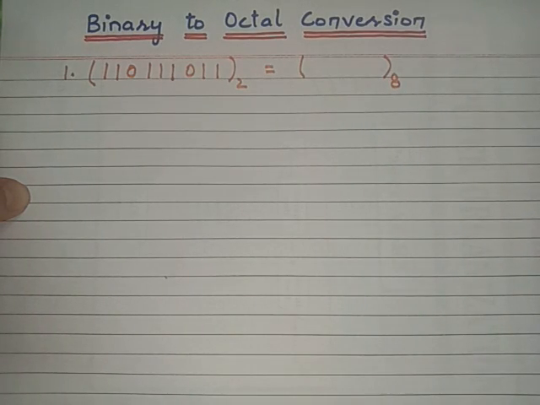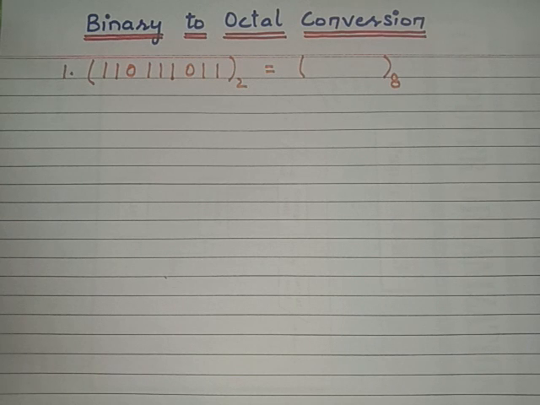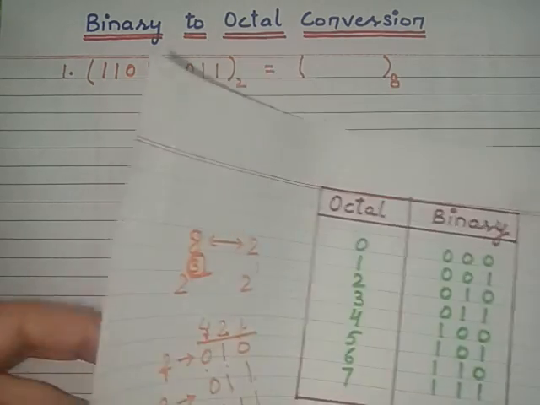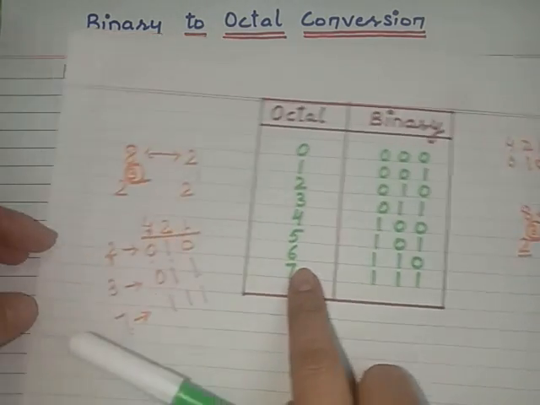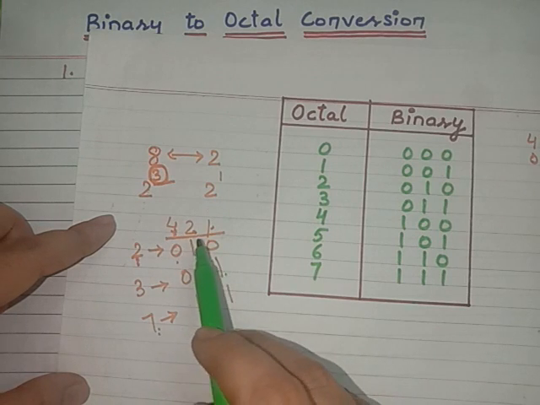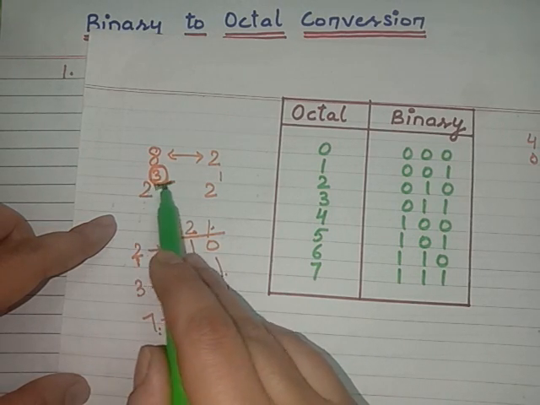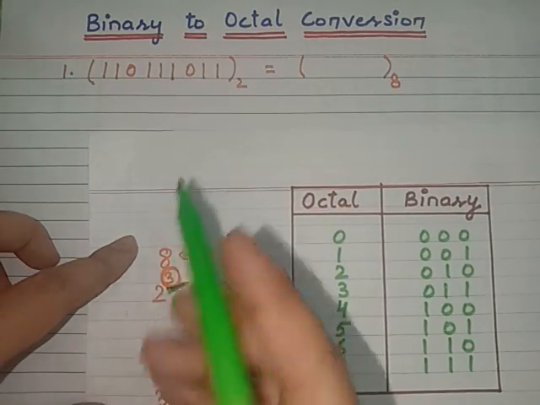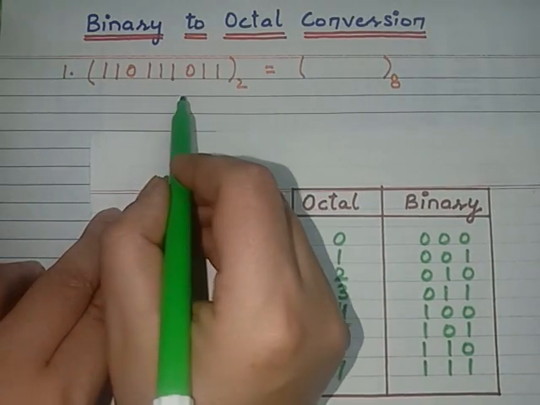Because we know, as we have discussed here, that for the octal to binary conversion we are going to use 3 bits. So we will make groups of 3 digits.